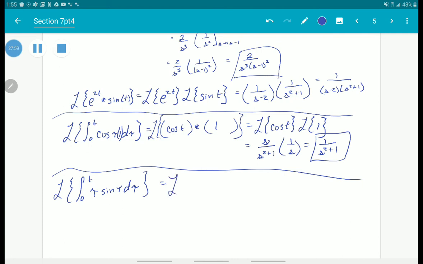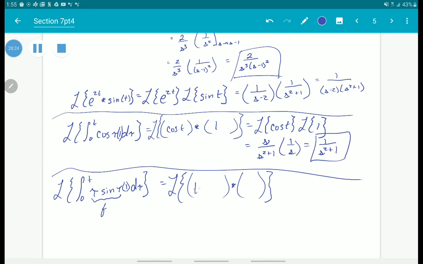Recognizing that this is the definition of a convolution, that's what I want you to recognize. We've got to identify our f and our g functions. So let's use a trick here. Let's use that whole thing as f. Then g, once again, we could use a 1 to make this just a little easier.